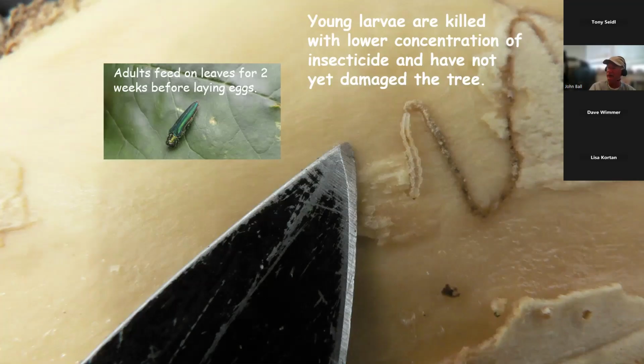And she's going to nibble and she's going to eat a very poisonous meal and she's going to die. And if by some chance a mom landed on a tree and laid eggs without feeding on that tree first, you're going to kill the larvae when they're really tiny. So that's why we strongly recommend that you do your treatments in the spring.